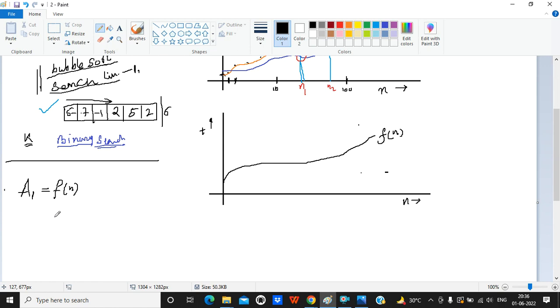Now here there are two interesting things. Just imagine mileage. Mileage means what? With 1 liter of petrol, how many kilometers will it travel? There will be a maximum and there will be a minimum.